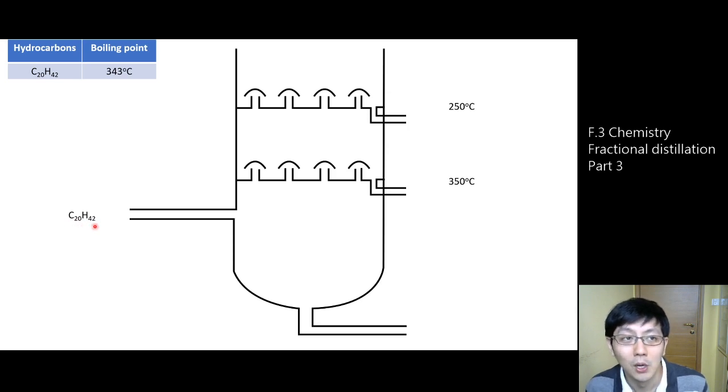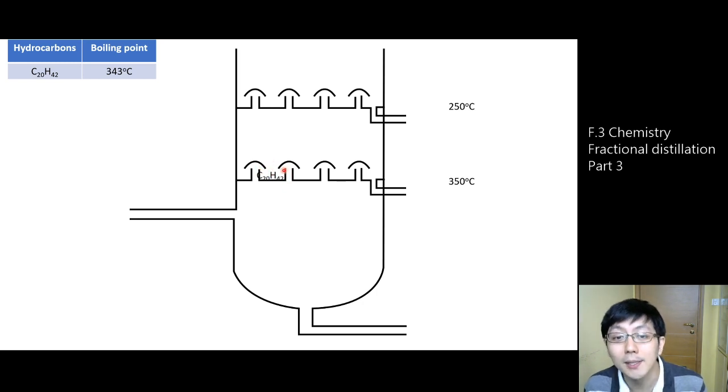C20H42. It has a boiling point of 343 degrees Celsius. So if we heat this up in the furnace, it still exists as gas. It will not flow downwards as it is not existing as a liquid. As it's in gas form, it will go up and pass through the first layer, hit the bubble cap, and then go past the first layer.